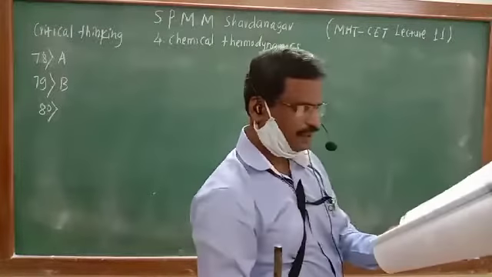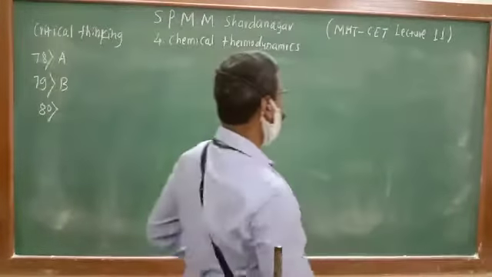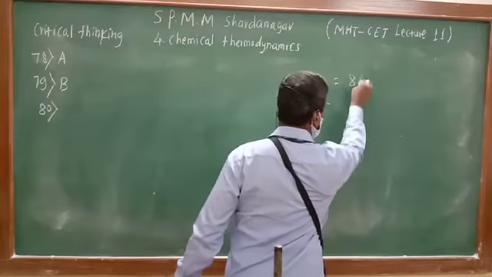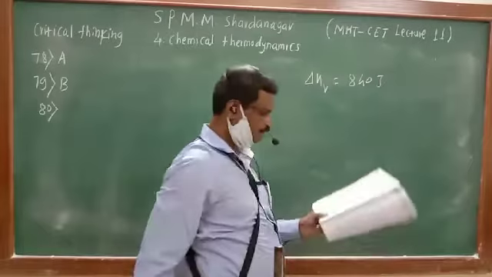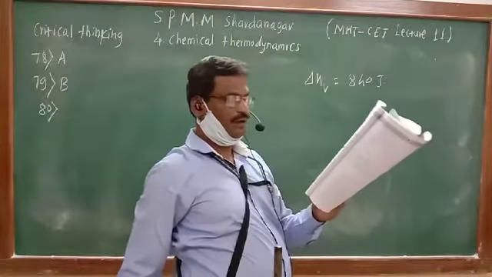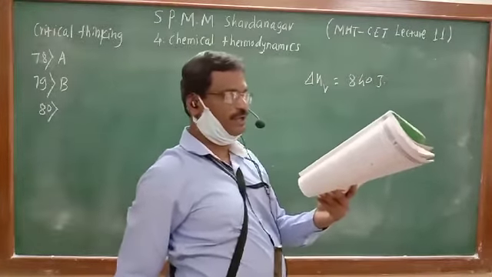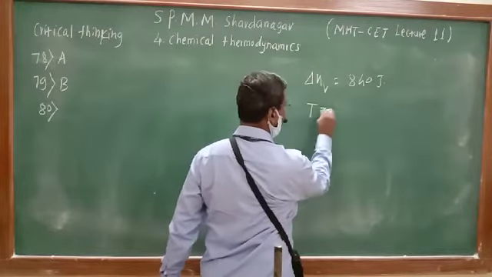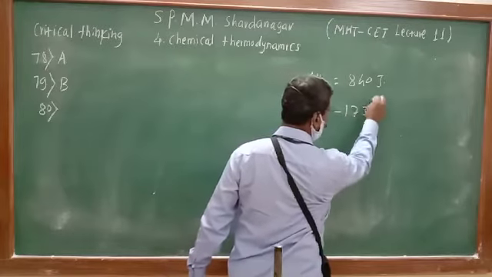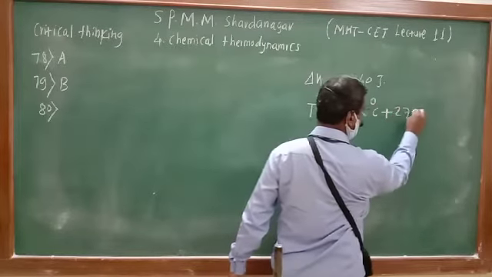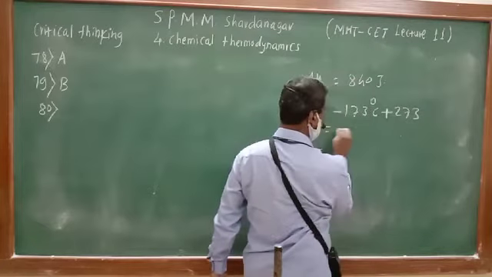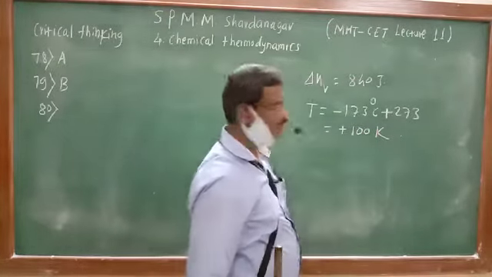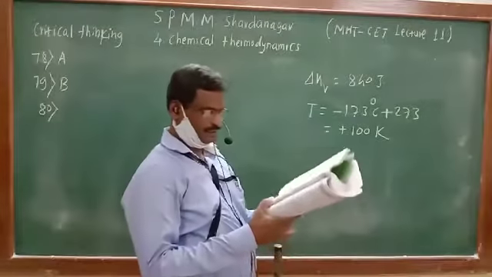They have given the enthalpy of vaporization, delta H of vaporization, as 840 joule, and its boiling point as minus 173 degrees Celsius. Temperature is minus 173 plus 273, so it is equal to 100 Kelvin. We have converted Celsius to Kelvin.